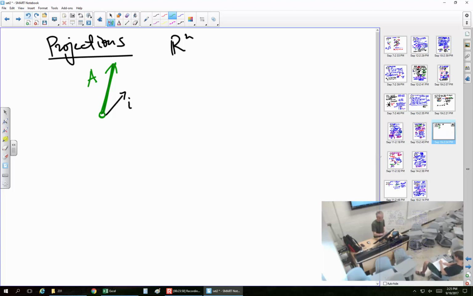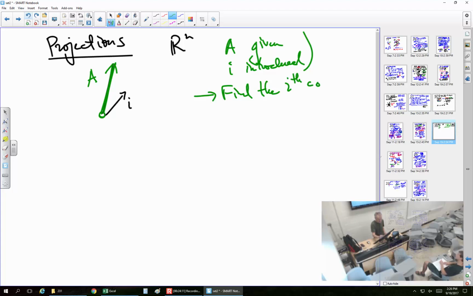So A is given, I is introduced. What do we do with it? Find naturally the I-th component of A. Just as we did in the usual sense when the space is defined very specifically, this is I, so for the old case the answer is 2.